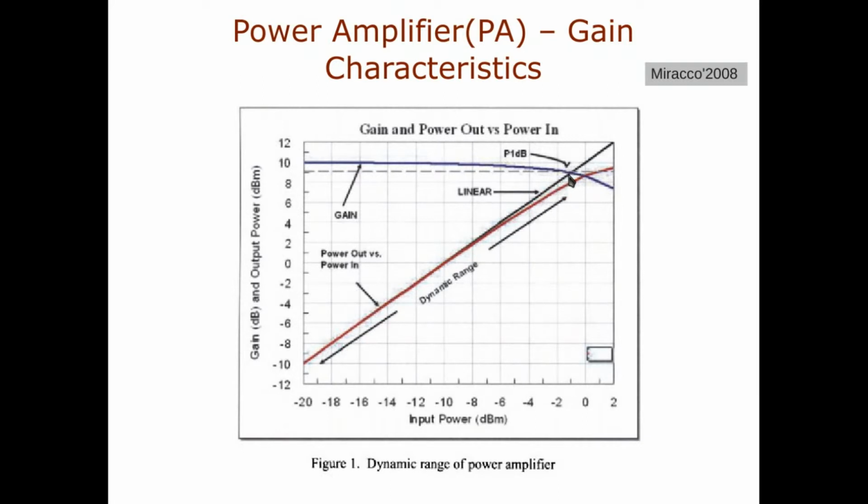in the ideal case. But what happens to practical power amplifiers is that after a particular dynamic range, or after a particular input amplitude range, there is a small change in the gain, and essentially it is a spillover of the amplitude into the other sidebands in the OFDM system.